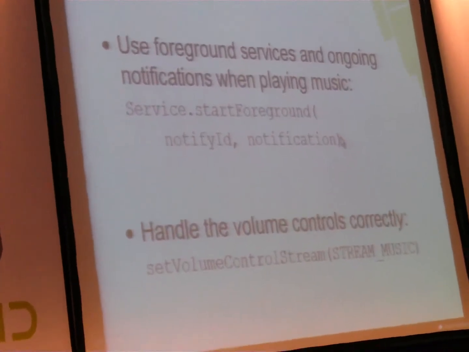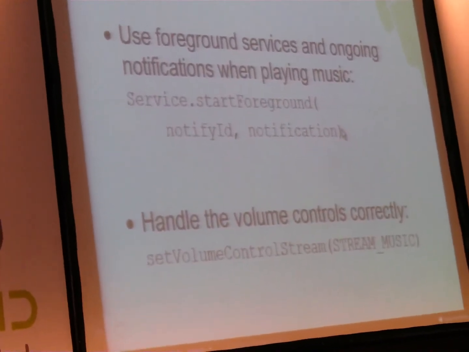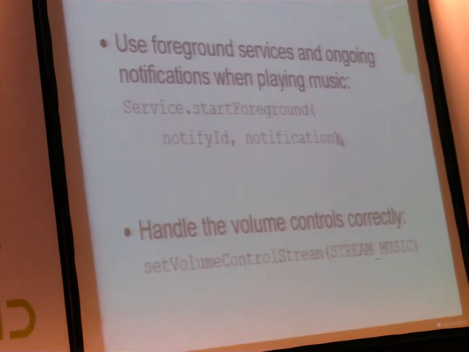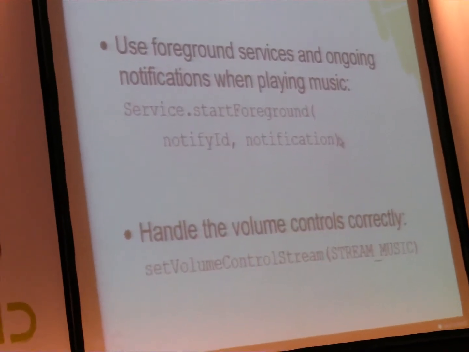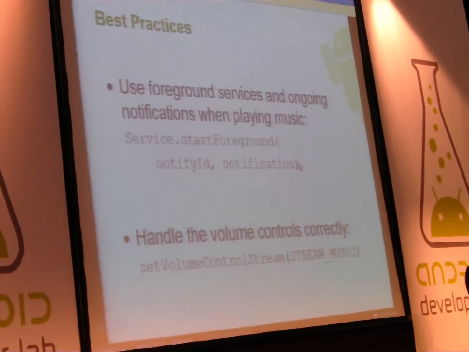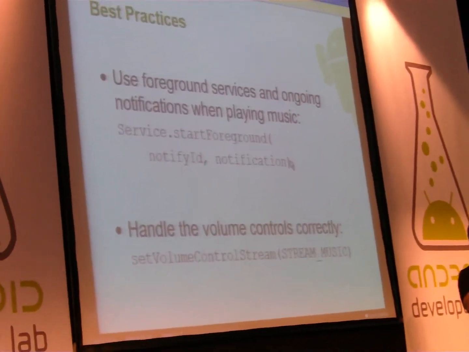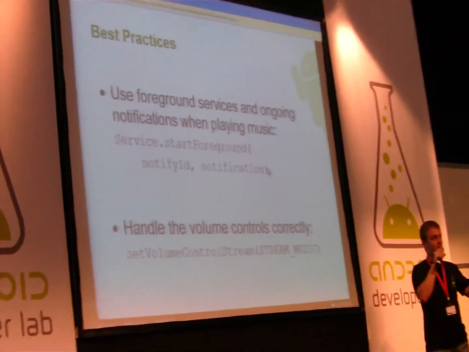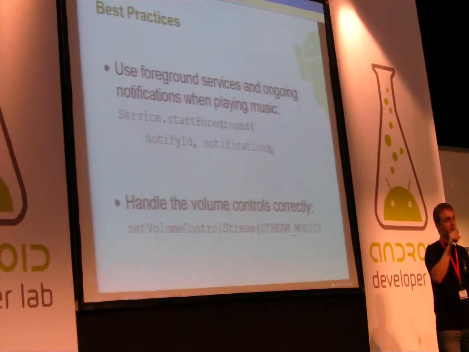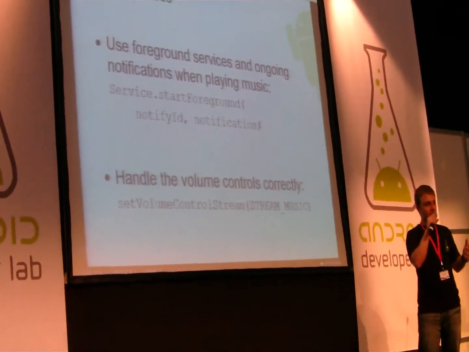So some of the best practices, I'm probably actually running a little low on time. Some quick best practices: if you're playing music in the background, make sure to use foreground services. Foreground services effectively are services that are fundamental and important to the user experience. So if the system were to stop that service to conserve resources, it would be pretty devastating to the user experience.